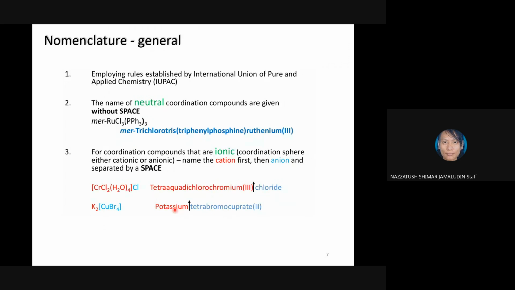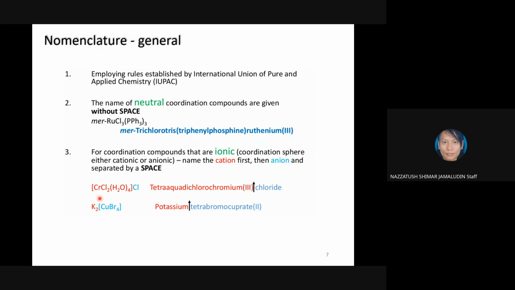If water is the one covering the outer sphere of the coordination compound, this will be named as hydrate. Now, why is water called aqua? Because water here is a ligand, a coordinating atom, a donor atom.